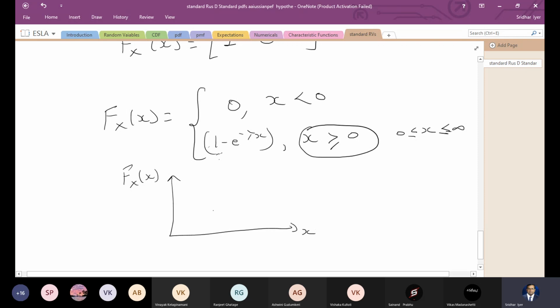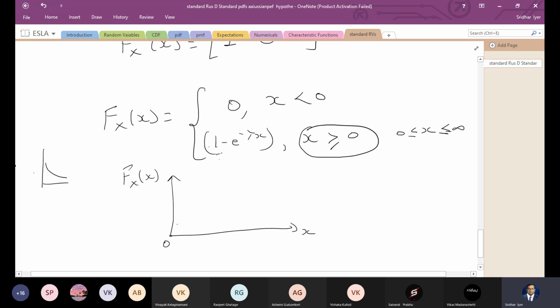So if you see, at 0 we don't have any value because the CDF is starting at 0, and you have 1 minus e raised to minus lambda x. So e raised to minus lambda x is a decreasing exponential, right? It would look like that, but you have 1 minus e raised to minus lambda x.